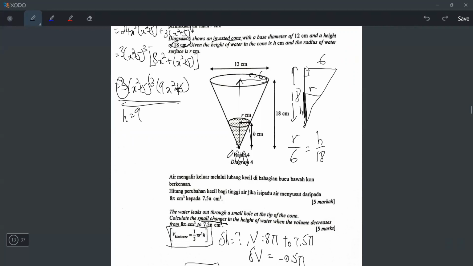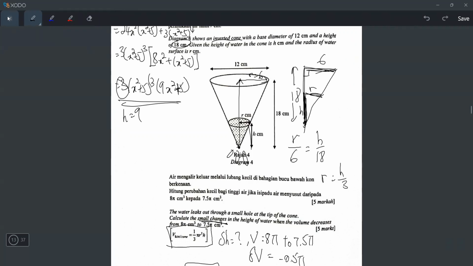Because the enlargement scale factor should be the same, right? If you take r divided by 6, it will be the same as h divided by 18. So it means r is equals to h over 18 times 6, all right? And when h over 18 times 6, you will get 6h over 18, so h over 3.